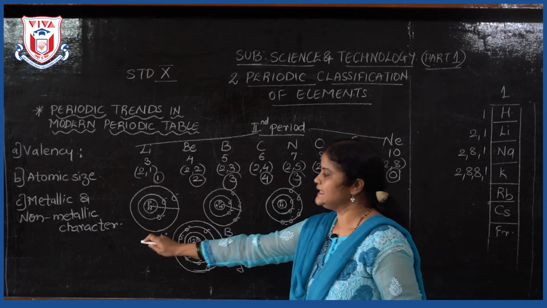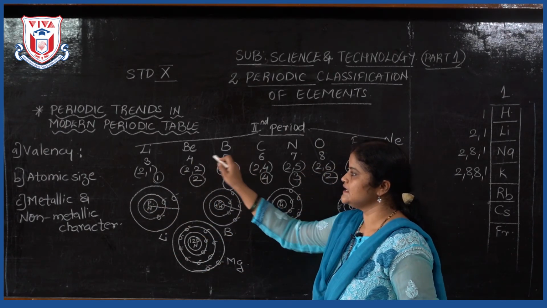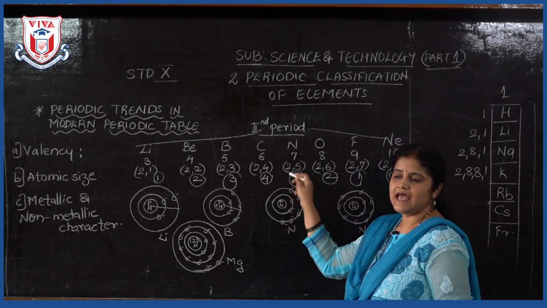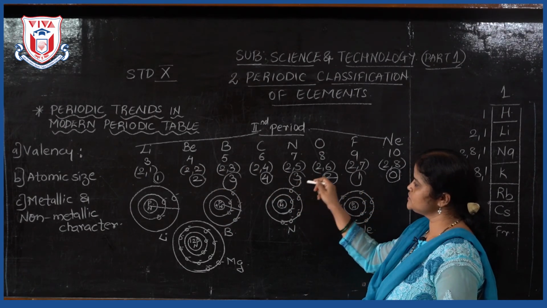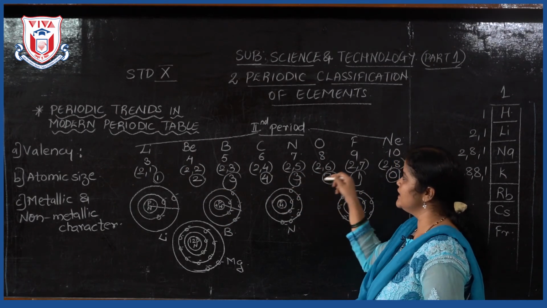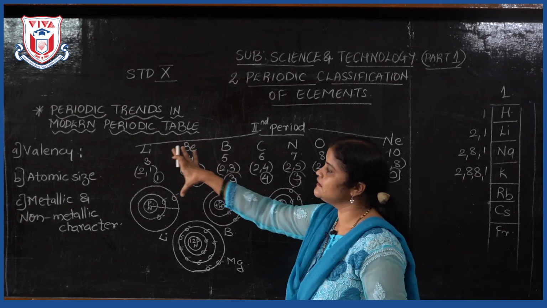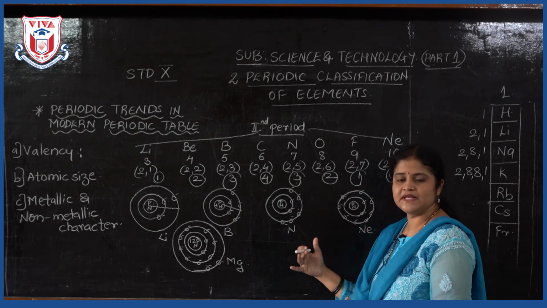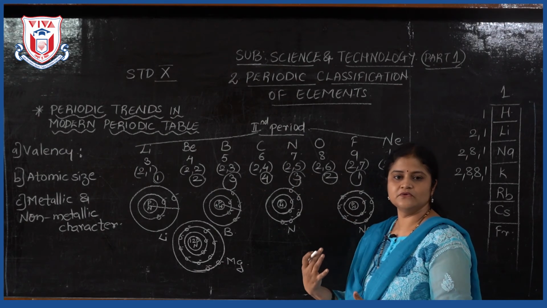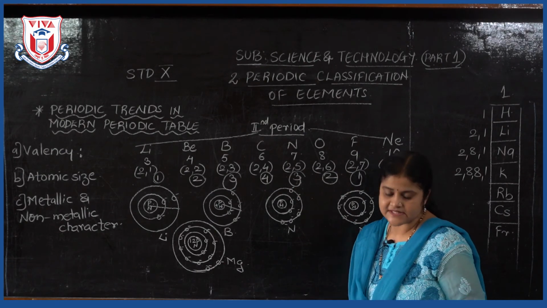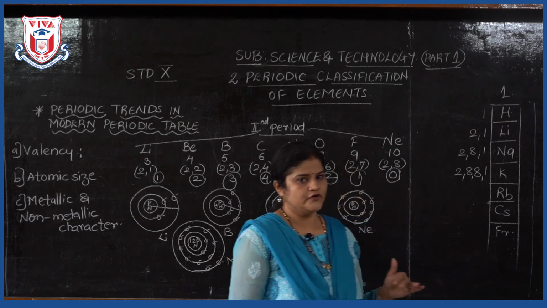Hence, the metallic character goes on decreasing from left to right, and the non-metallic character goes on increasing from carbon to neon. Okay, this happens in a period, and in all periods it continues in the same way.